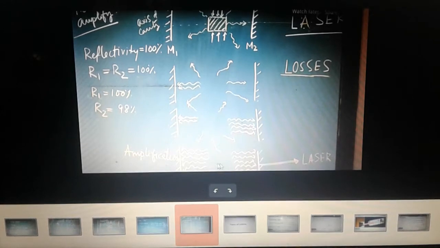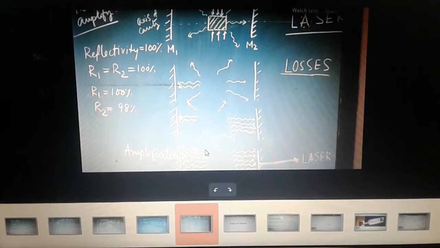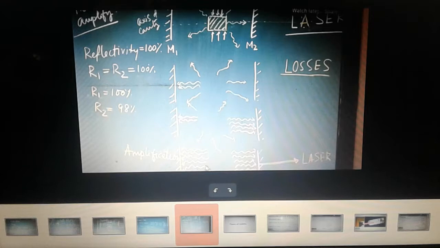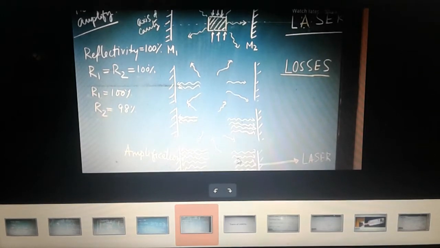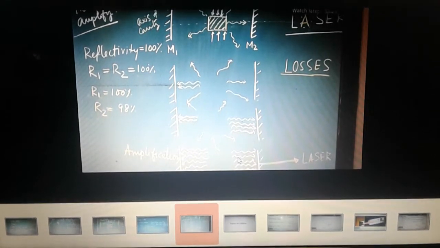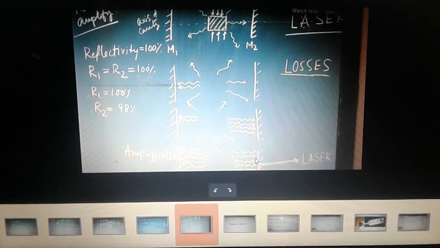As you see in the last stage, there are billions of photons, and when this condition is achieved, then we say that amplification has been achieved. Here all the photons are moving in the same direction, they have the same state of polarization, they are coherent, and these are the requirements for a laser beam.